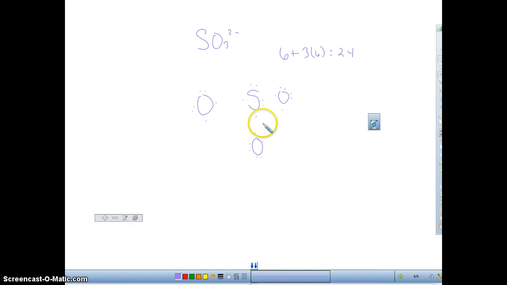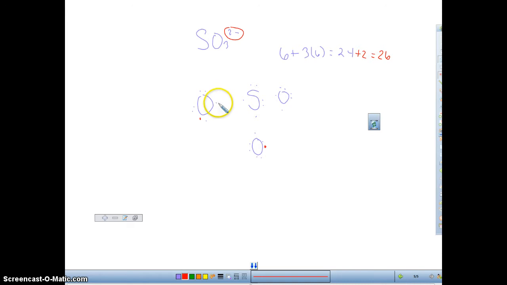I'm going to put my 2 extra electrons in. So remember, I have to add in this charge. So my total dots at the end of that adding should be 26. And I'm going to put those on each of my oxygens. I'm going to put one here, and I'm going to put one here.